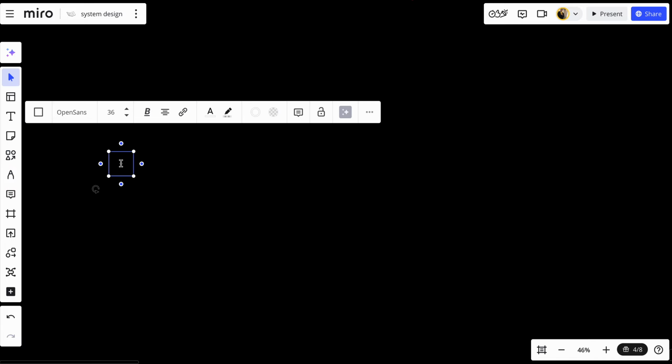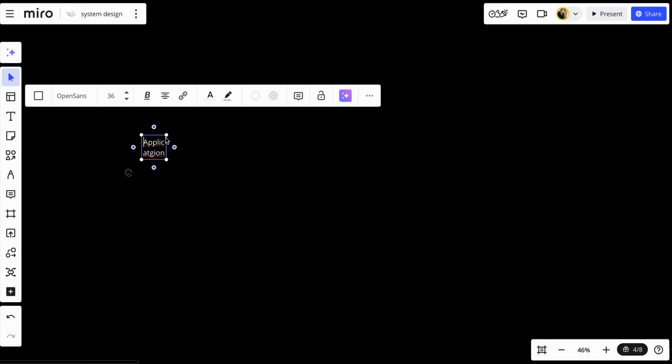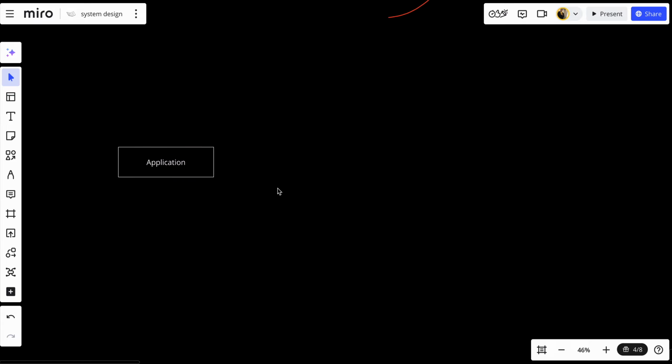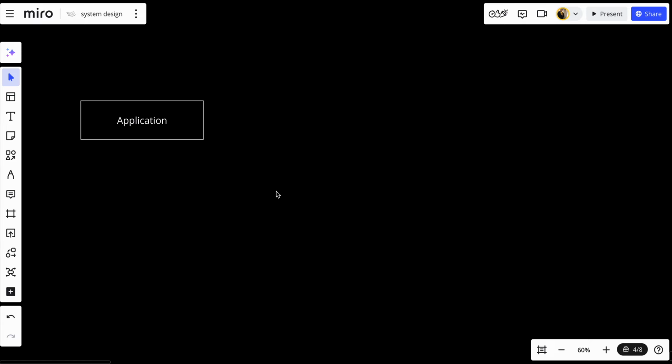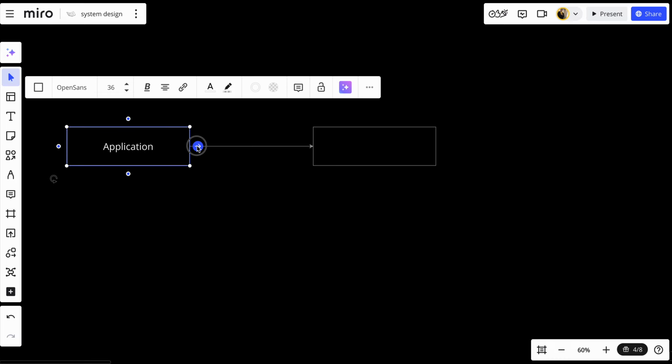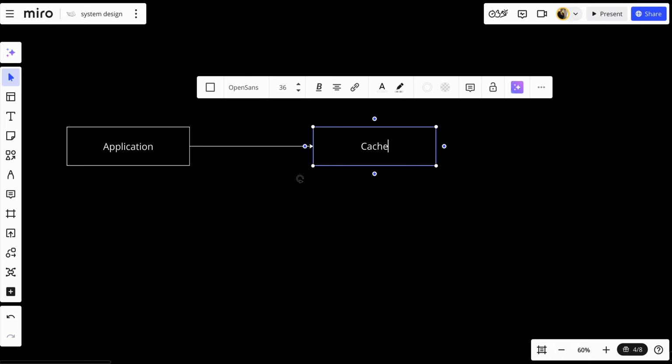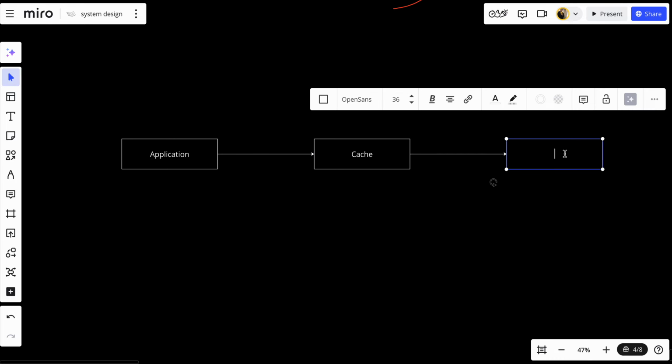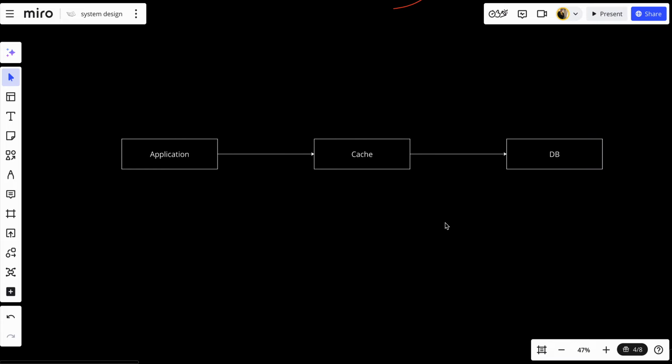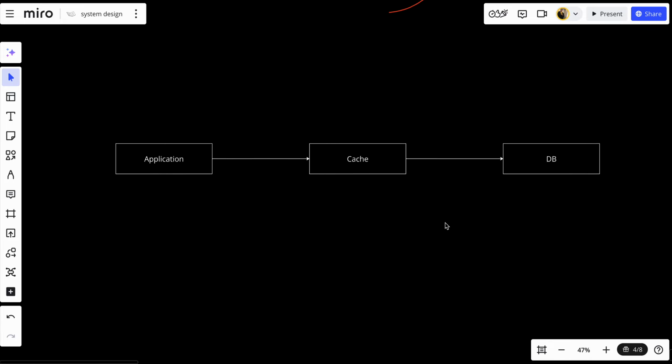We'll have our application, and the application will send the requests to the cache, and the cache will send the request to the DB. So as you can see here, in the read-through cache, the cache sits between the application and the DB.